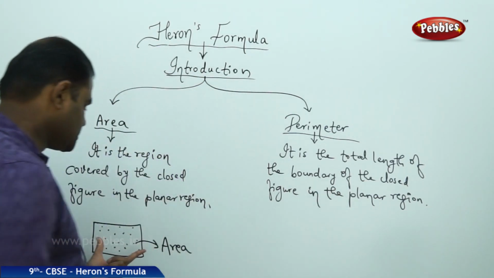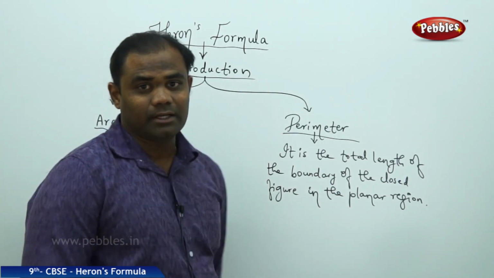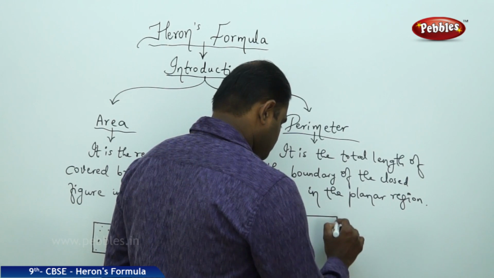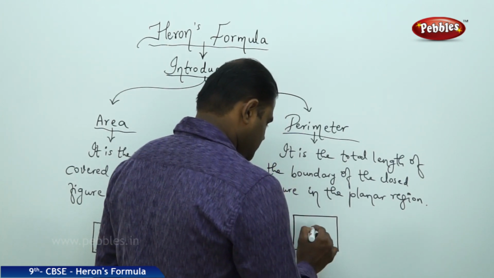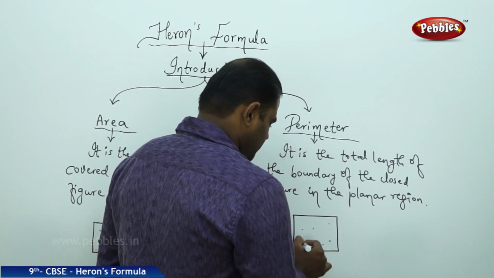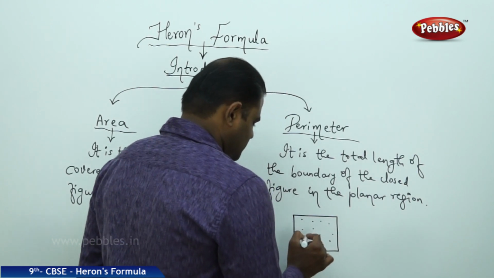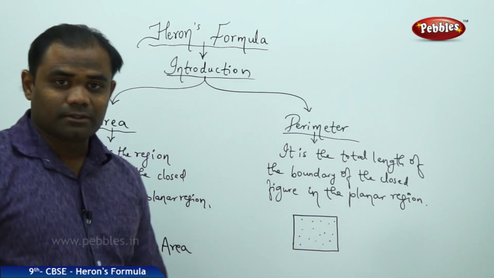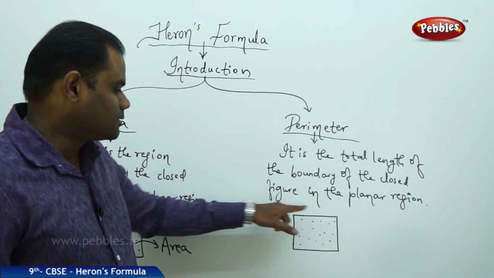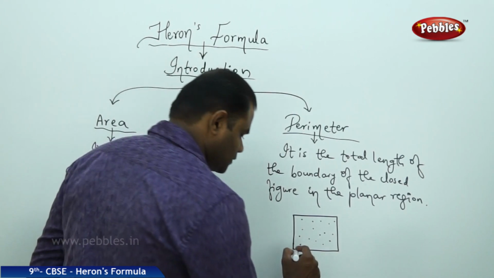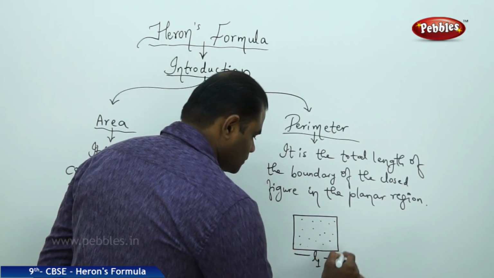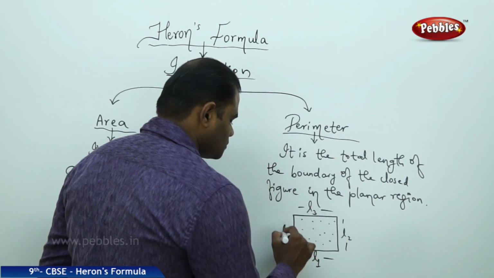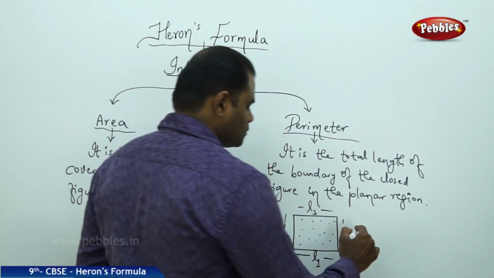Let's take the same example of a rectangular plank as the model. No doubt this is the area, but when it comes to the perimeter, we take the total length of the boundaries, this, and this. Say the length of this boundary is L1, the length of this boundary is L2, then L3, L4.